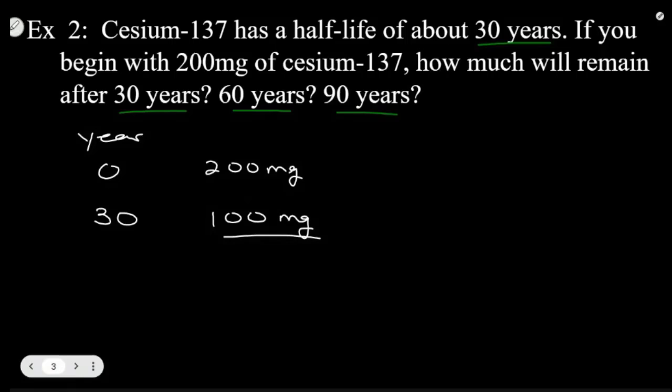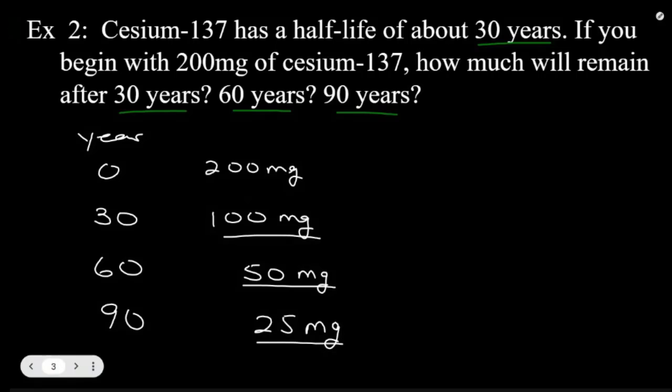And then if we go to 60 years, how much will be left then? 50, because in 30 more years, another half will decay. And then if we go to 90 years, how much will be left? 25. So that is the whole deal with half-life, is that it is the amount of time that it takes for half of it to decay.